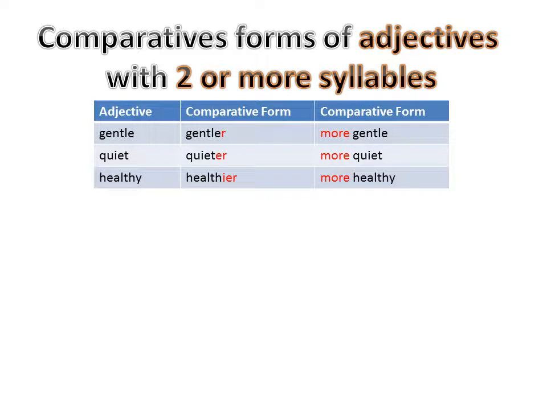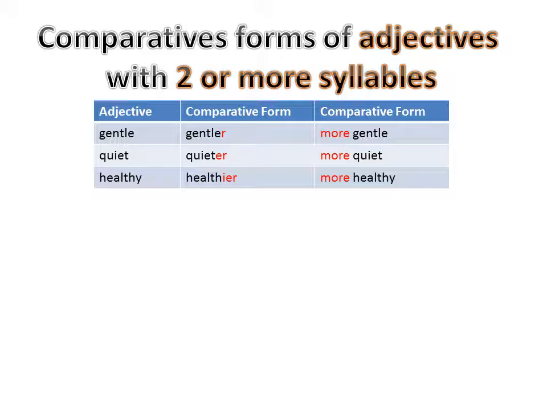Now some adjectives with 2 syllables can actually go either way. You can simply add R or ER, or you can use more in front of the adjective. As we see here, we have gentle, already ends in E, so we simply add R, or we say more gentle.